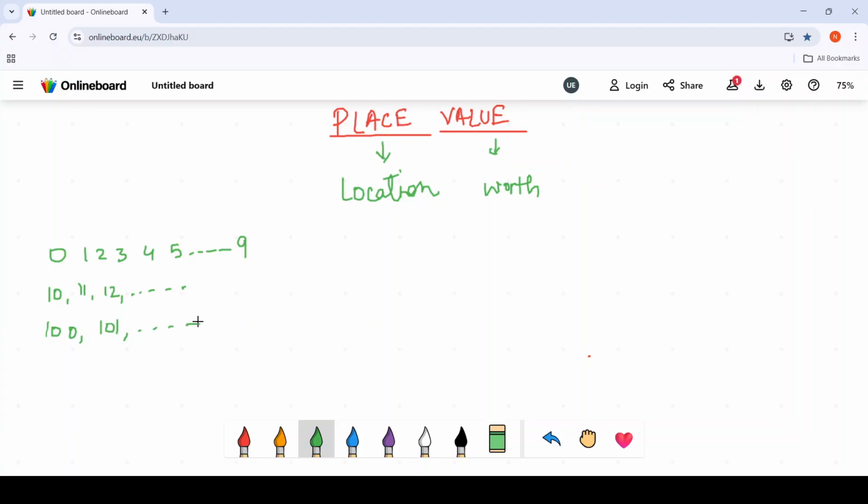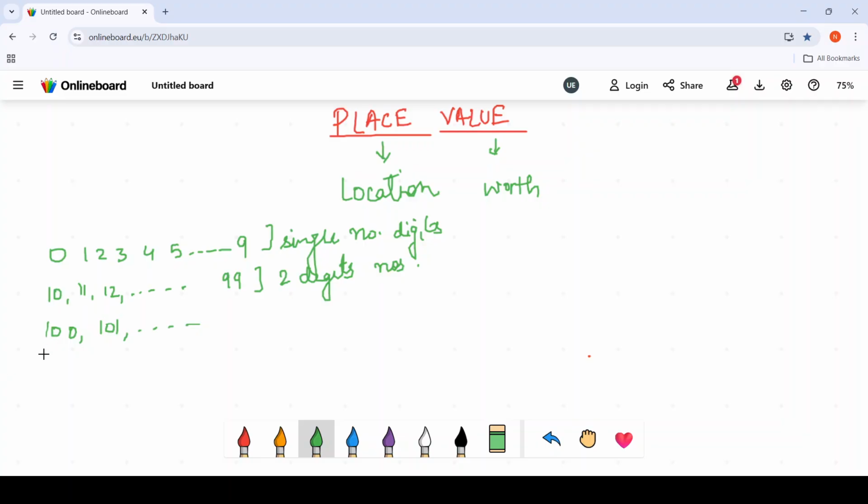So what is the difference between them? The difference is the number of digits. From 0 to 9, these are numbers having only one digit. From 10 to 99, these are also numbers, but they are two digit numbers. So we call them two digit numbers.